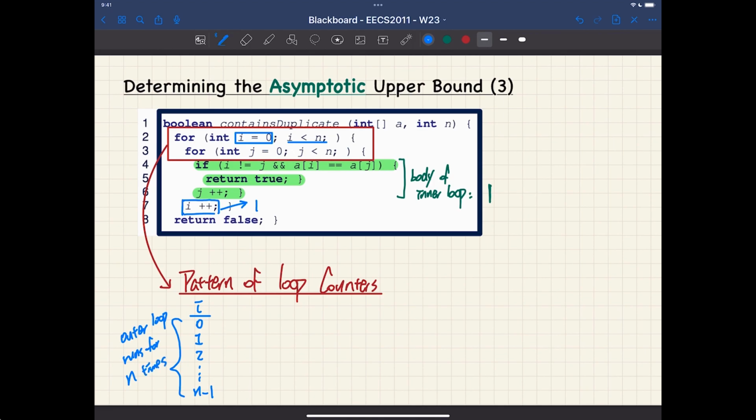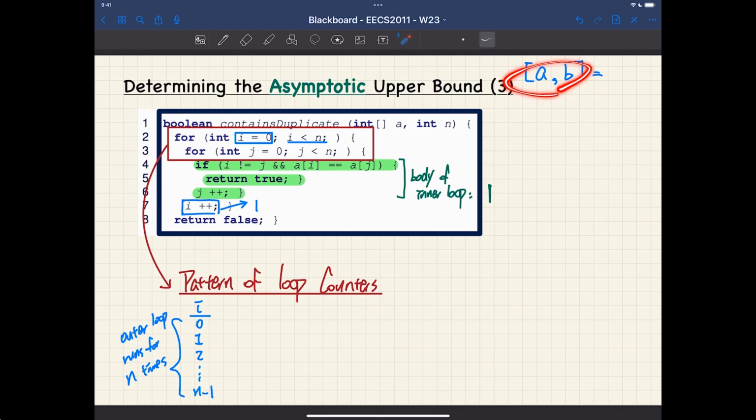Something might be trivial to you, but I really need to mention it explicitly. How do I know it's actually n times from 0 to n minus 1? Do you recognize this notation from your math course? If I've got lower bound A and upper bound B, and I put square brackets, that means they are inclusive on both ends. If I'm given arbitrary A and B, assuming that A is smaller than or equal to B, how many numbers are there in this range?